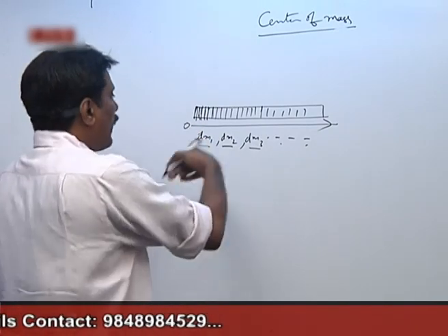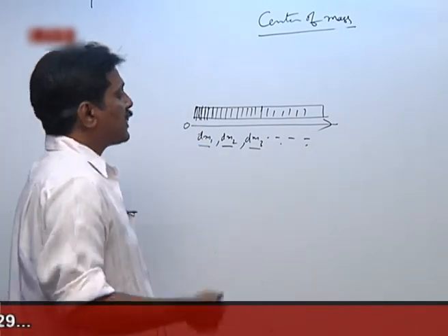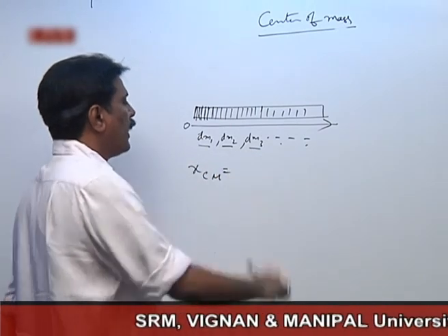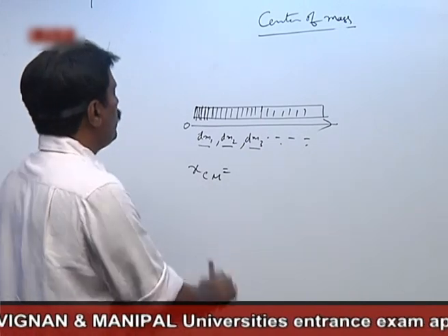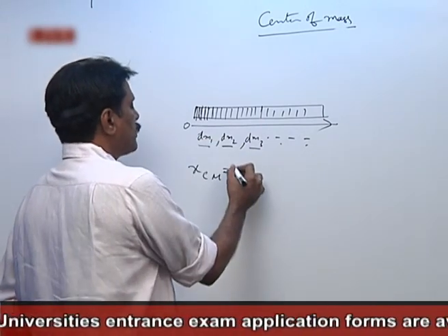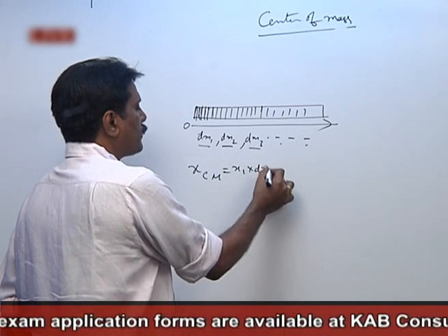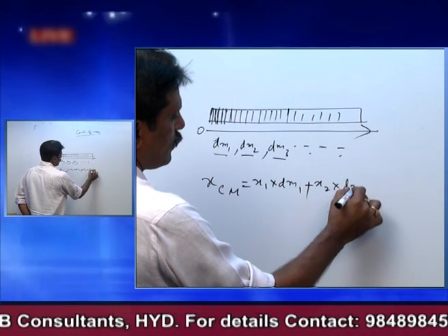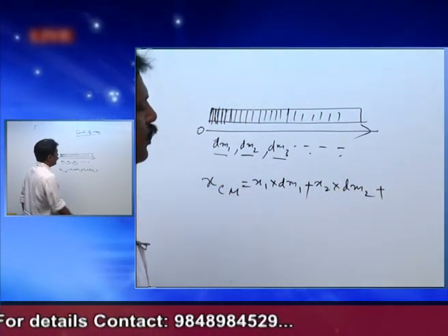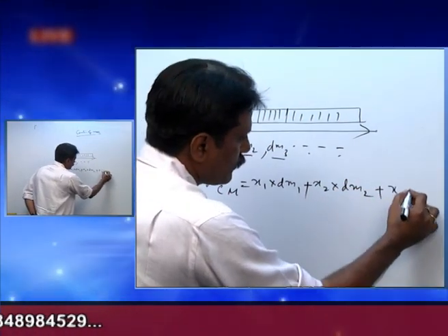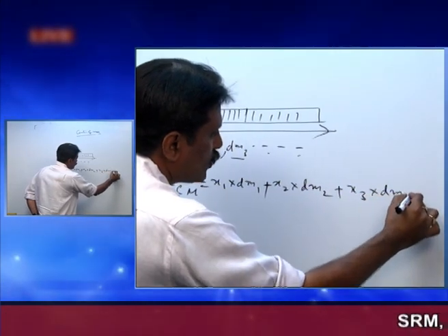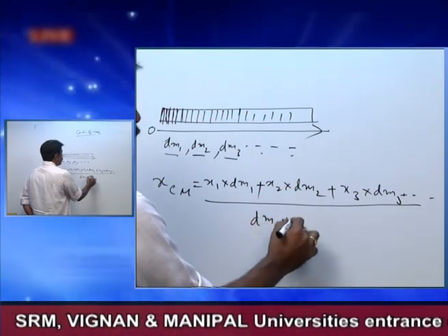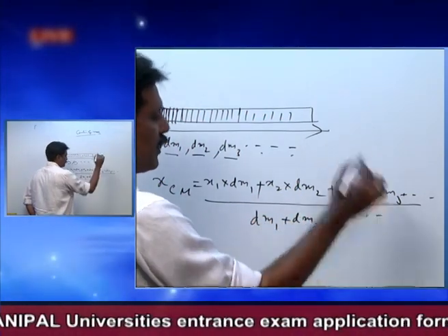Then by the formula which we discussed already, the x coordinate of center of mass will be equal to x1 into dm1 plus x2 into dm2 plus x3 into dm3 and so on, by dm1 plus dm2 plus and so on.